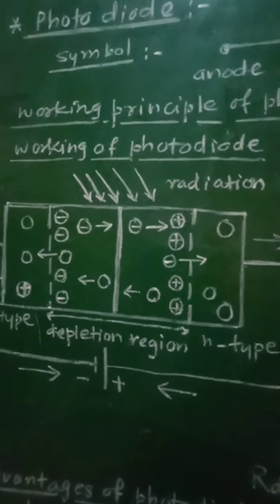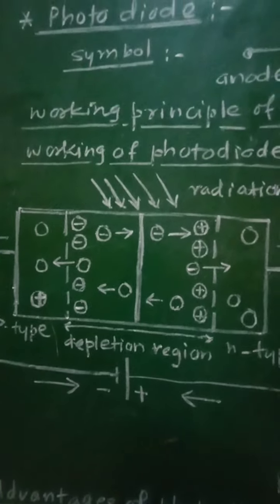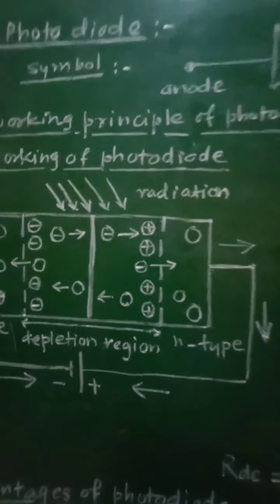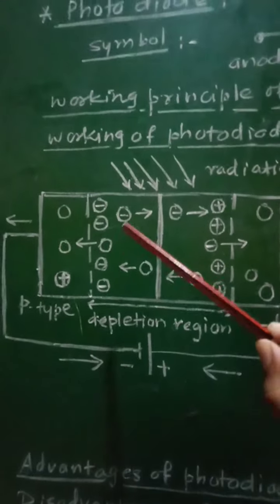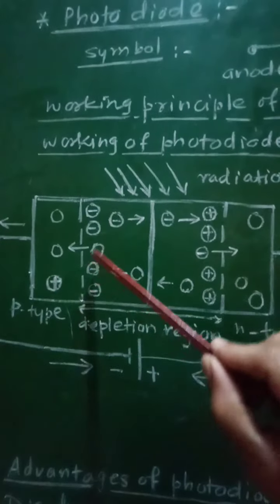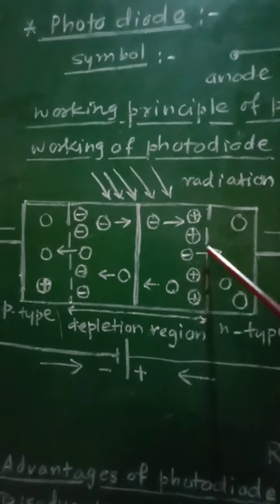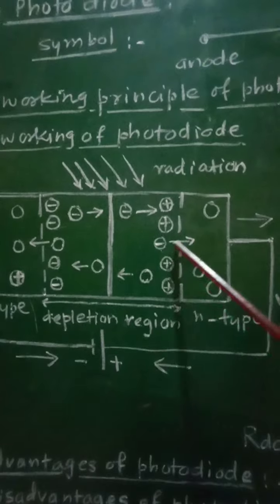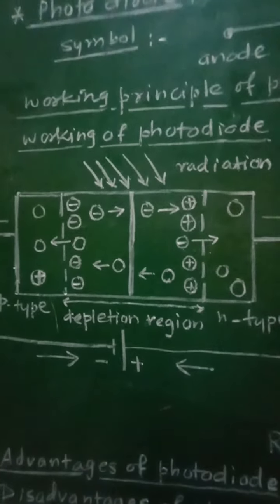And now let us see the working of this photodiode. In this case, this will be the p-type region, this will be the n-type region. It will contain electrons as the minority charge carriers, and here the holes will be the minority charge carriers.